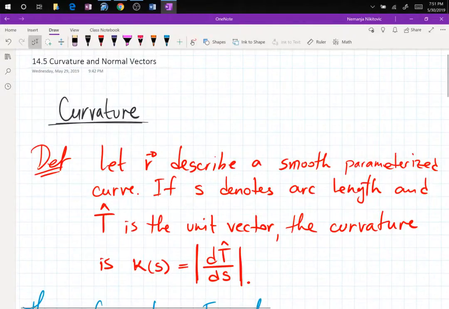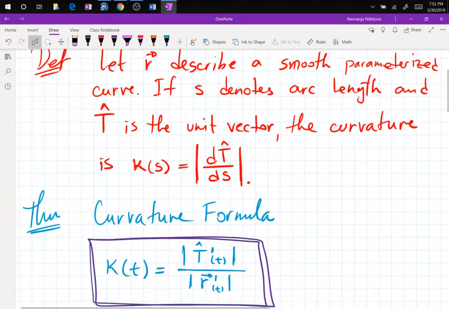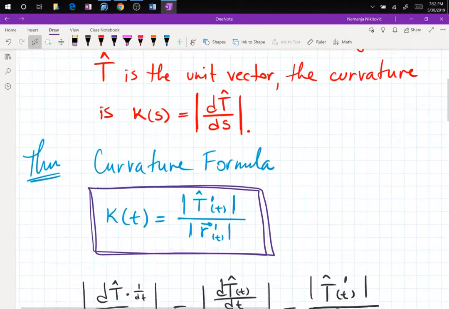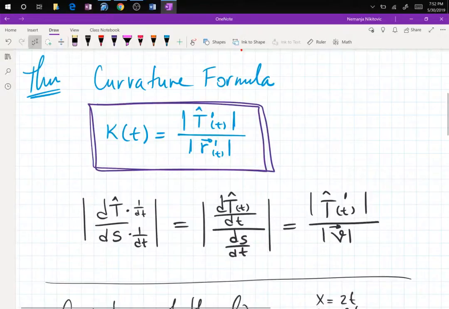Hello and welcome back to Calculus 3, the second part of the last lesson in chapter 14 on curvature and normal vectors. Last time we talked about curvature. We said that it quantifies how quickly the curve that we are observing turns, and that the formula for curvature is the magnitude of the derivative of the unit tangent vector divided by the magnitude of velocity.